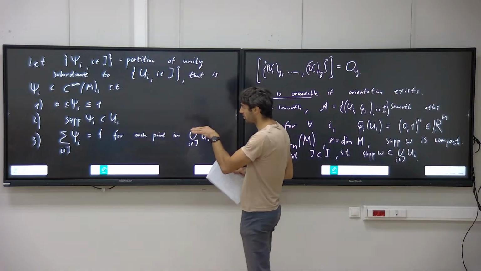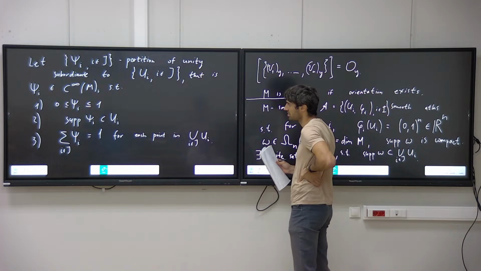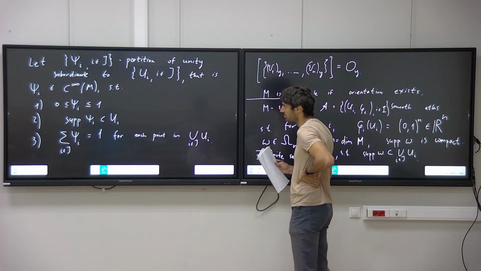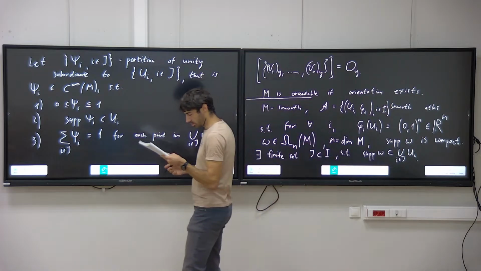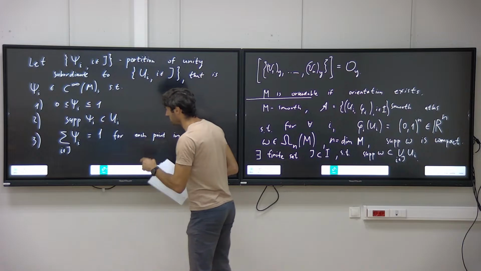Okay, so how to construct such a thing? Well, it's actually not so hard. So first, let me check that I actually listed all the properties. Yes, I did.